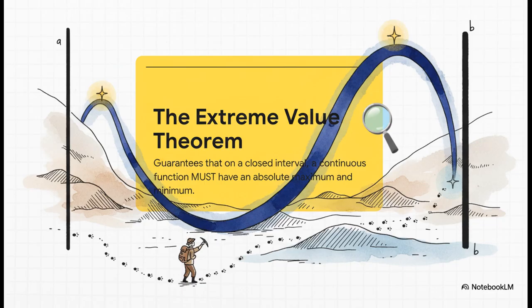Well, it's because we've got some serious backup. It's this powerhouse of a theorem called the extreme value theorem. This theorem is basically our written guarantee. It promises us that what we're looking for actually exists on that closed interval. So our hunt is never going to be a wild goose chase. There is an absolute max and an absolute min, and our method is designed to find them.